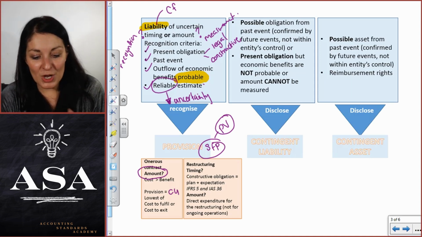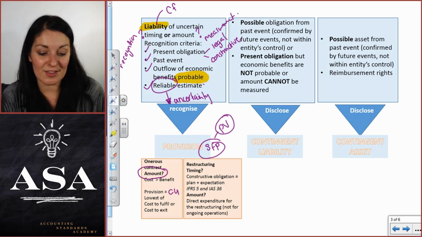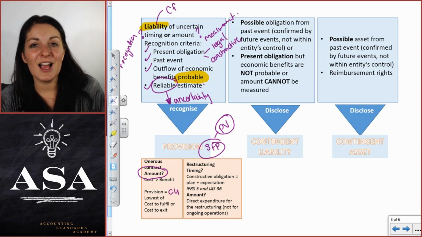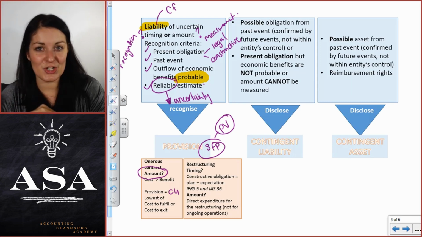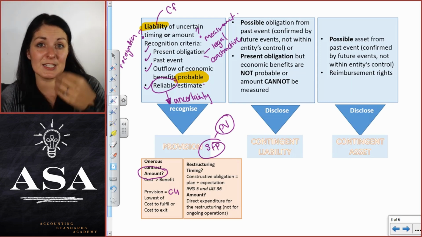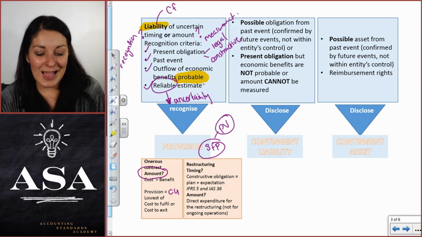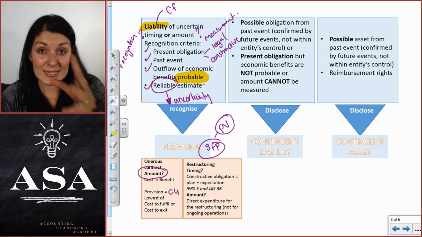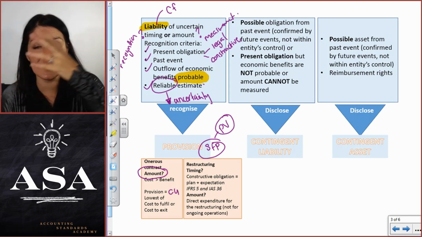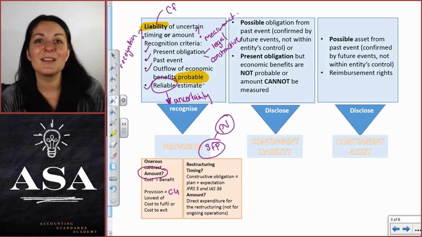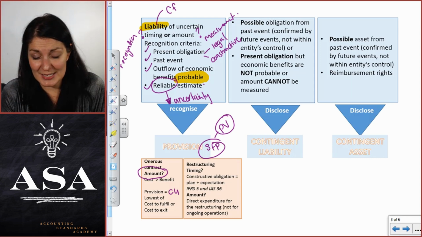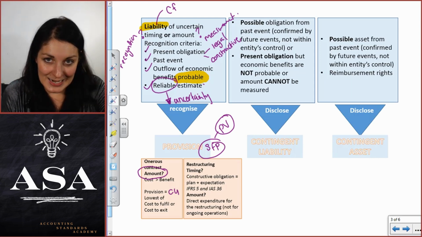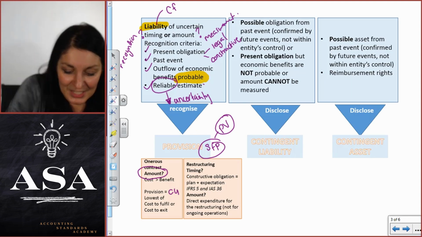Most of the time you'll see in questions or scenarios given to you in a test or an exam that management announces the plan to terminate or to change the business, to restructure the business, and an expectation is created to the employees or to suppliers or third parties that there's going to be a change associated with this business.